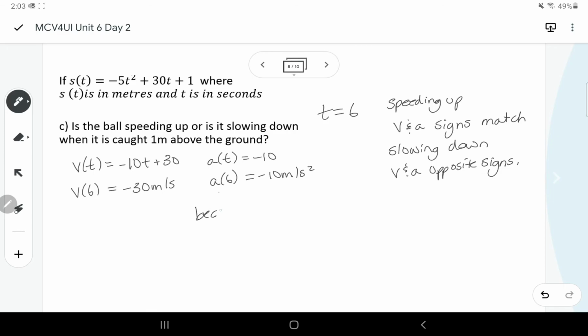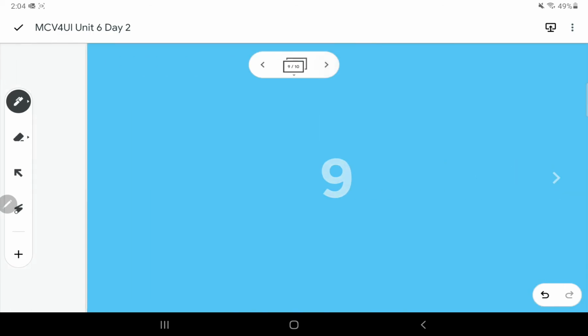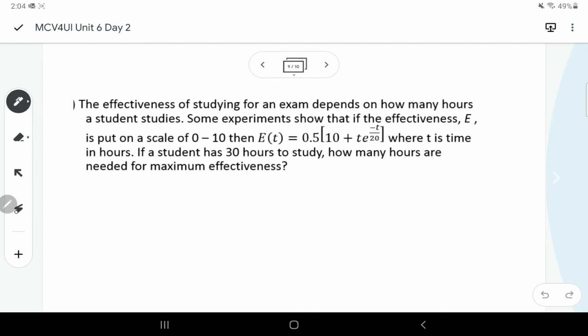Okay, so because v at 6 is negative and a at 6 is also negative, the ball is speeding up. If those signs match, it means that it's going faster and faster in either the positive or the negative direction.